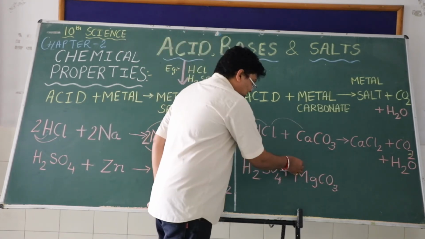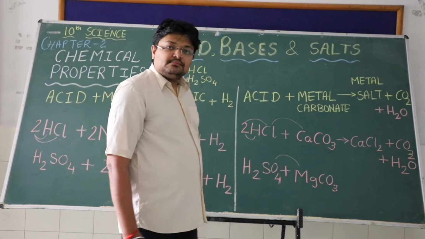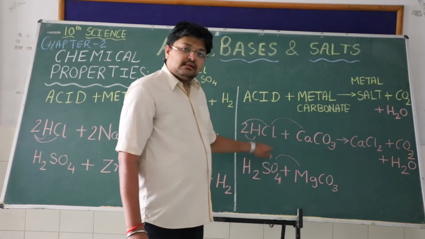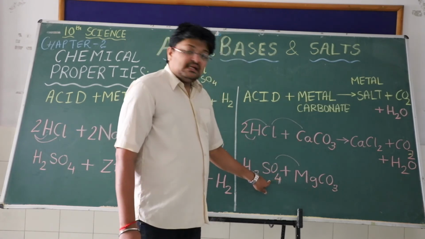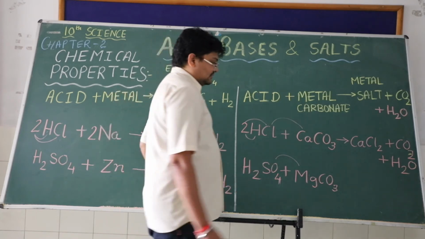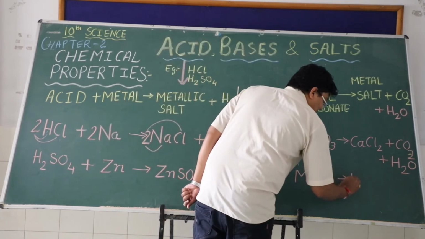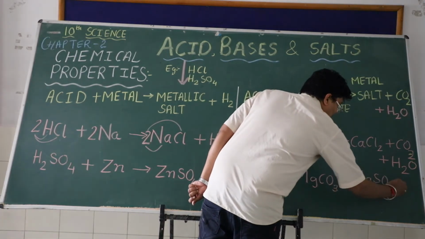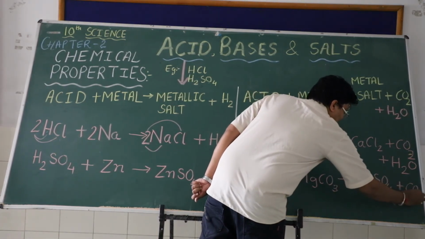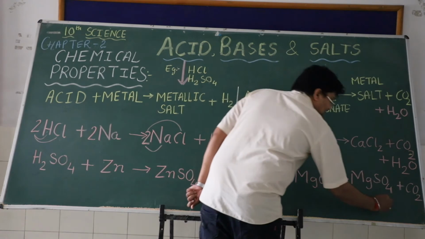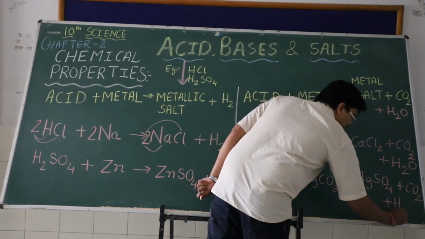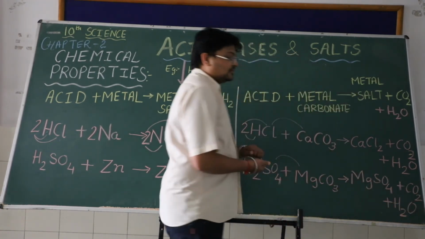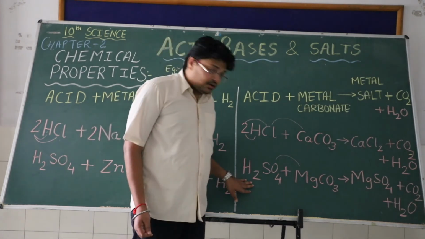This magnesium will try to react with SO4 as I have done with Ca. In the same way this magnesium forms magnesium sulfate salt. So magnesium sulfate will be there, MgSO4 plus as usual CO2 will be released and one water molecule will be released, H2O.